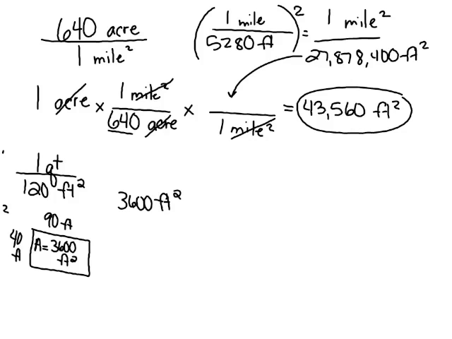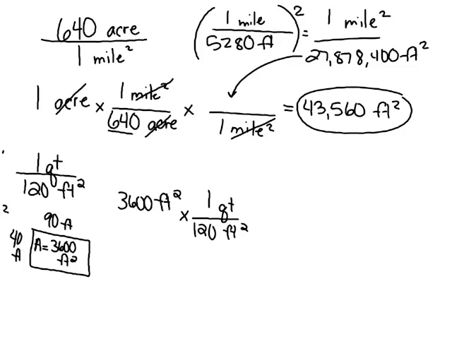Now what should I do? Divide 3,600 by 120. Okay, so there's my next information. I want to go from square feet to quarts. So 120 square feet and 1 quart.